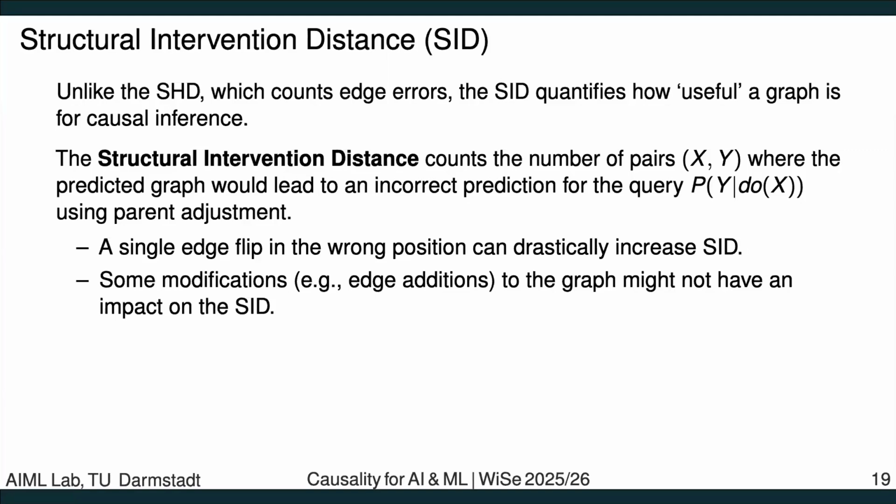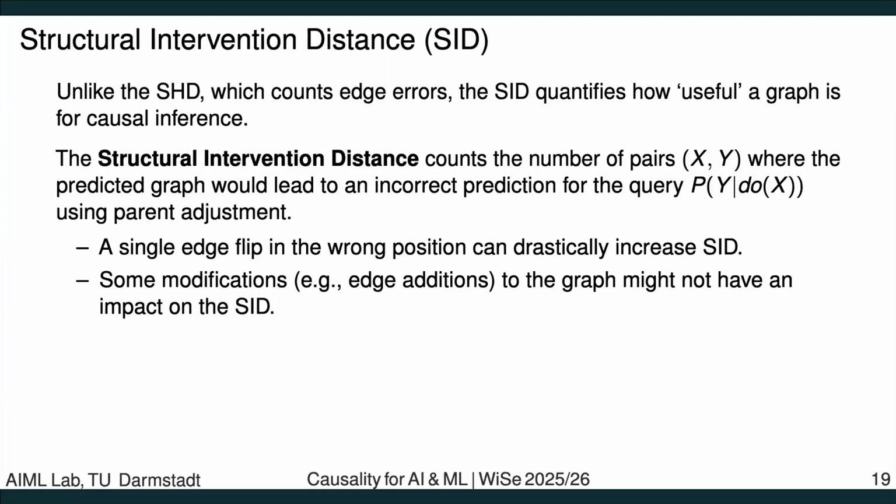So for some of these queries, I might have a different graph or a bigger graph, but my queries would still be correct. So the SID can still be 0 in some cases, even though the graphs differ a bit. But since we are talking about causal inference, we might also not care about these cases. As long as these inferences are correct, we are fine.